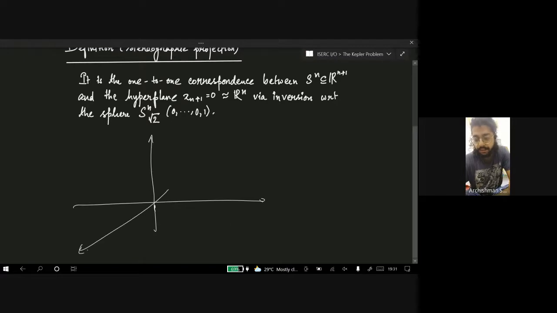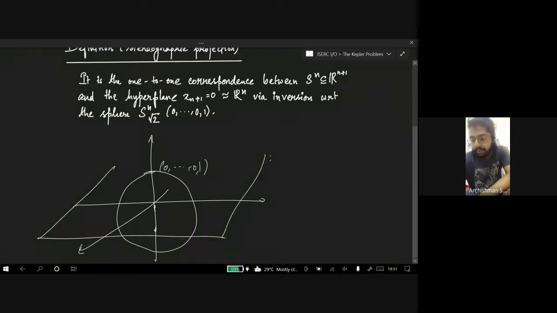So for the 2-sphere, here's your 2-sphere, and this is your coordinate 1, and this is the hyperplane R2, and then the sphere of inversion is a sphere of this particular form. This is a sphere with this point being the center. It's probably not evident from my diagram. Whatever. This point is the center, and this distance is √2.